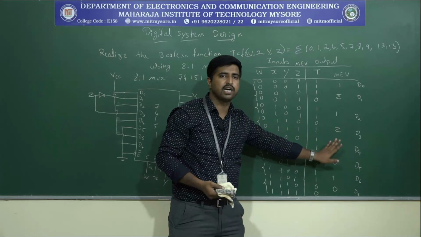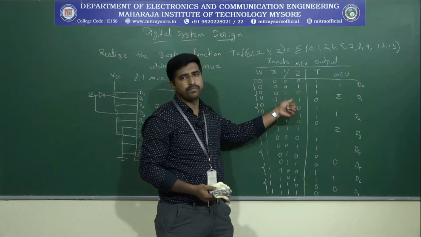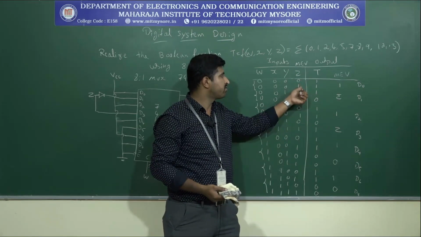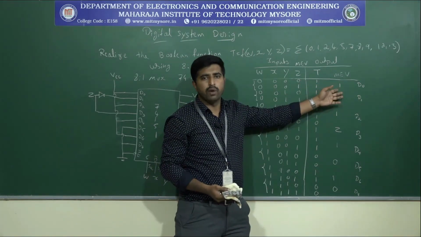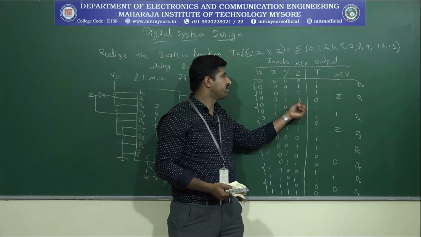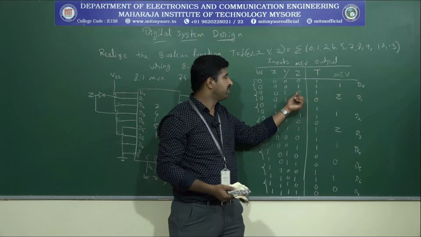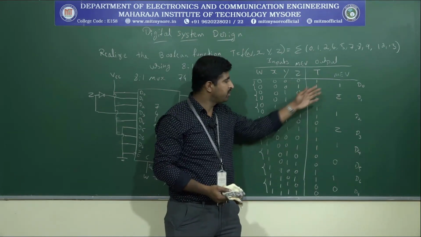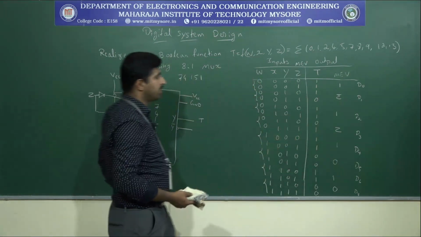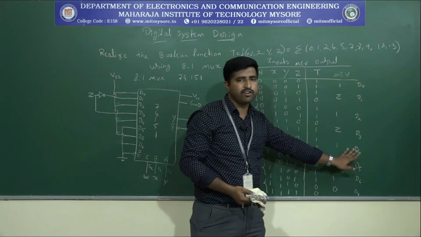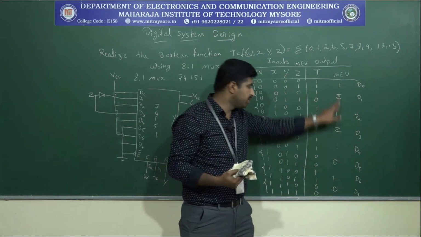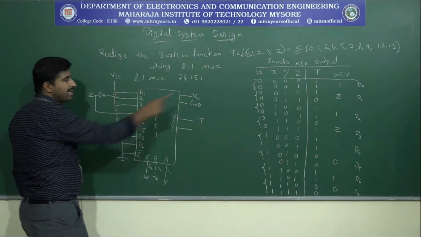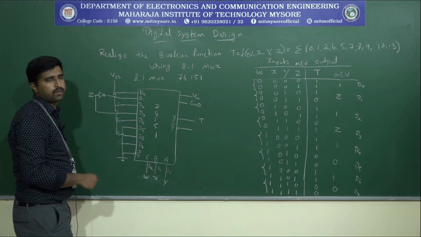If the output is logic 1 for any combination of the Z, then the output is considered 1. Otherwise, we need to look at whether it is Z's complement or Z, and then write the output. These outputs correspond to the inputs of the 8:1 mux. According to this output, we connect the input to get the corresponding output.